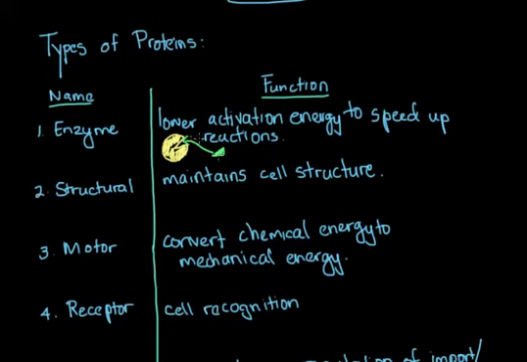The substrate binds to an enzyme's active site, and this allows a reaction to progress much faster than it normally would. So that is one kind of protein. The second kind is a structural protein. Structural proteins allow a cell to maintain its structure, which then allows the cell to perform its function.